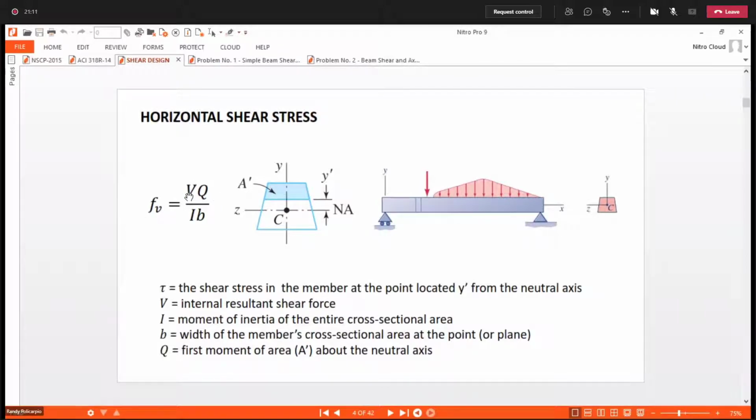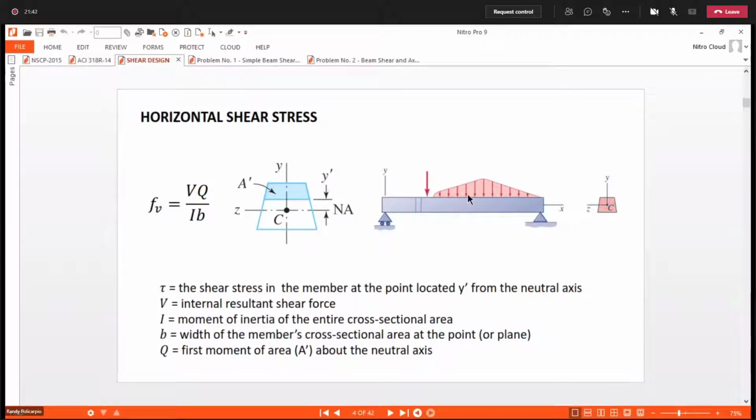Wherein V represents the internal resultant shear force. Where do you get your V? From the beam, at a specific location, you get your shear. So that means you draw a shear diagram. There is a specific shear at a particular location on your beam.